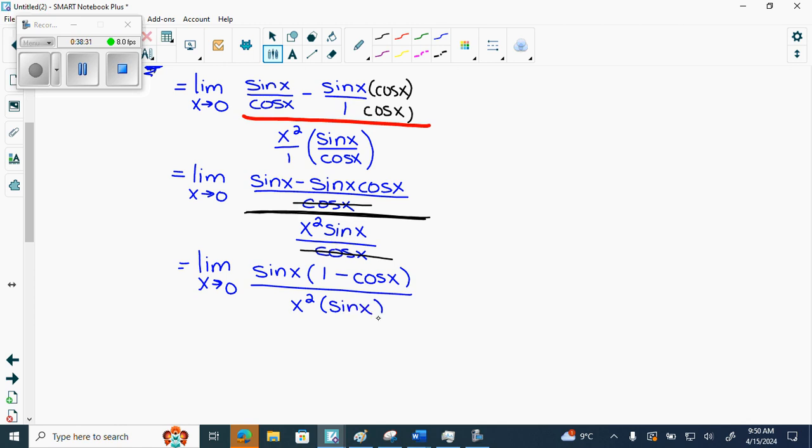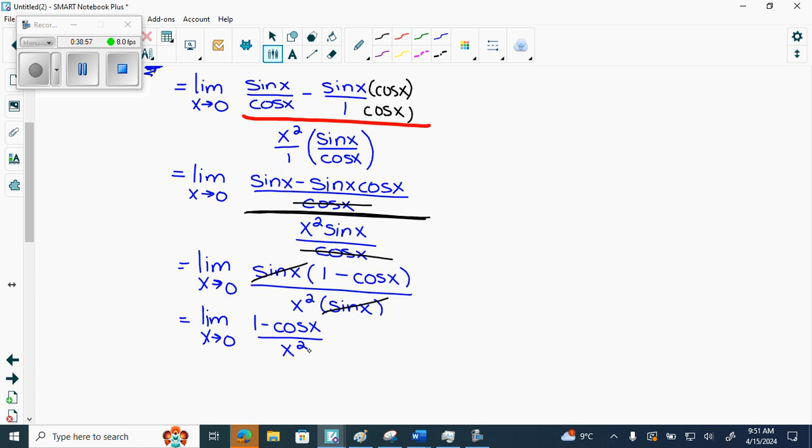Then what can I do? Cancel the sin x's. And you should not be annoyed right now. You should be happy that I'm not asking you for non-permissible values. Okay? Take that. So now I have the limit as x approaches 0 of 1 minus cos x over x squared, which is a lot easier to deal with than a product rule in the denominator.